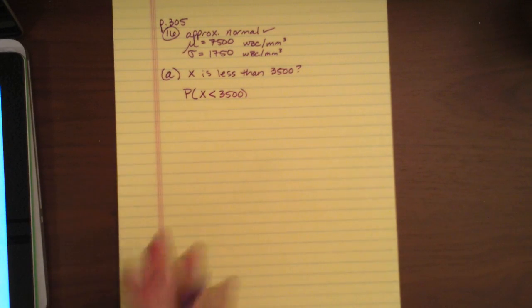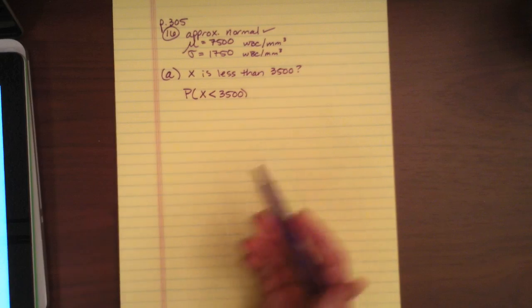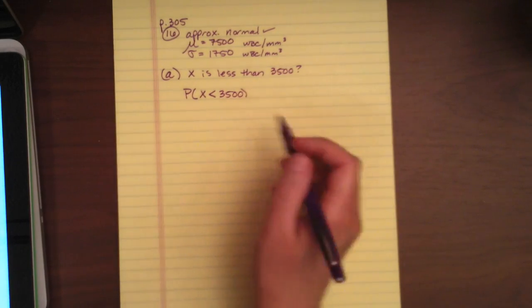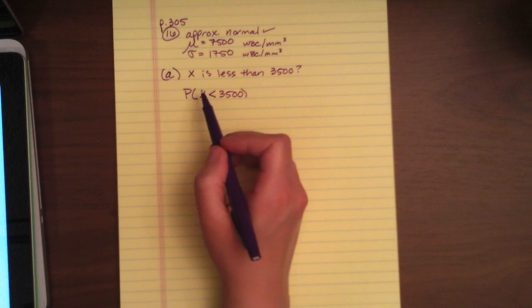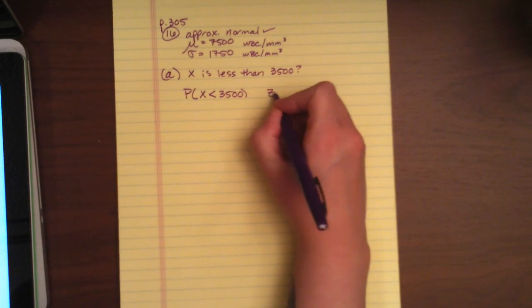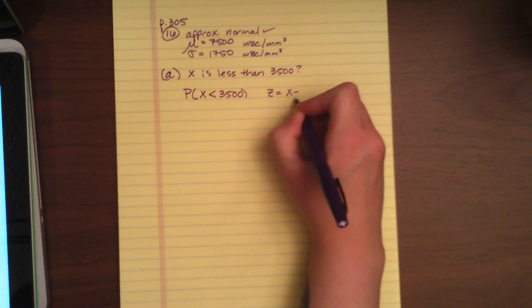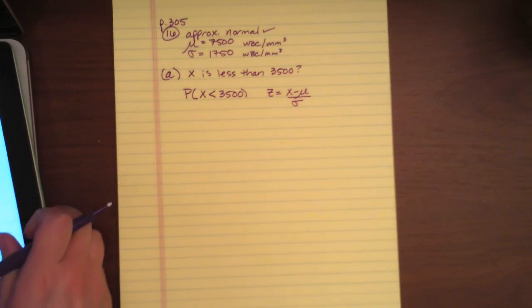And this is one of those examples that I was telling you about where in 6.5 it'll throw in some of these that are just going to be what we've been doing in 6.1 through 6.3. We'll convert this X value to a z-score using our z is equal to x minus mu over sigma, and that is where we will start.